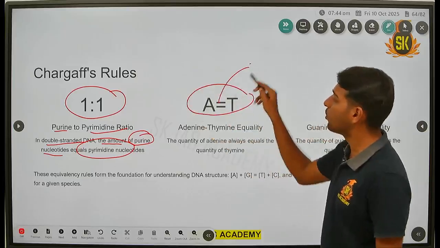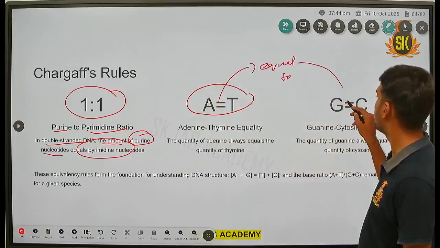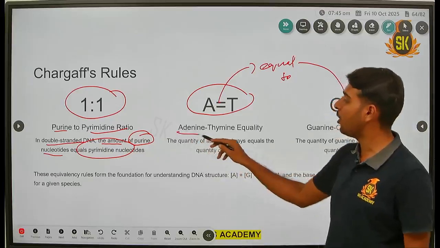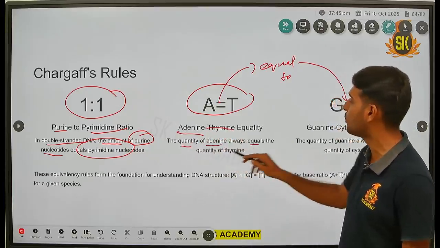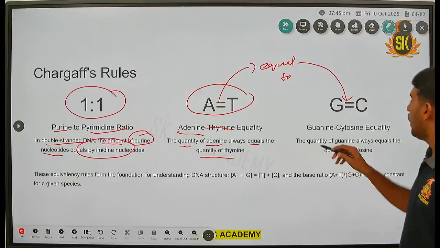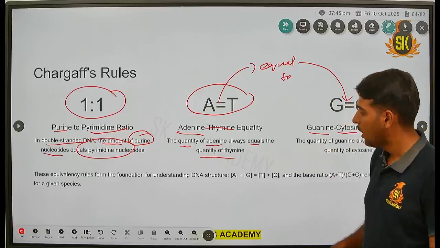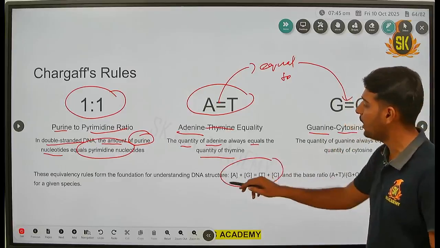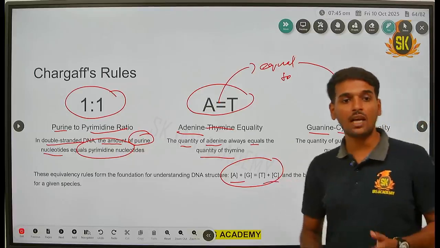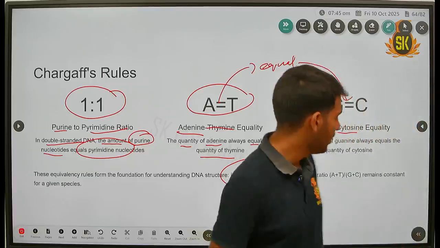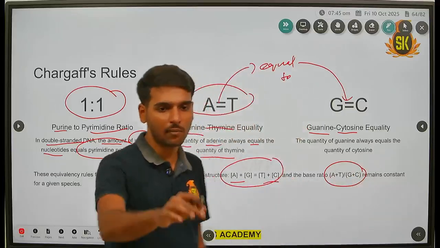The quantity of adenine always equals the quantity of thymine. Guanine is always equal to cytosine. It is not necessary that A plus G is always equal to C plus T; sometimes the A plus T to G plus C base ratio could be different. We'll be discussing it.